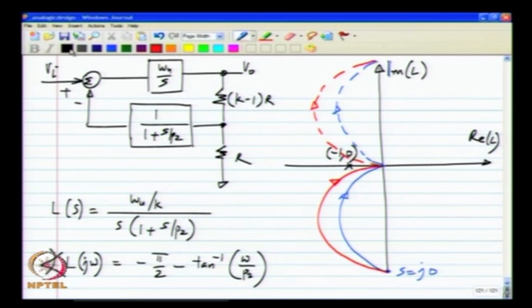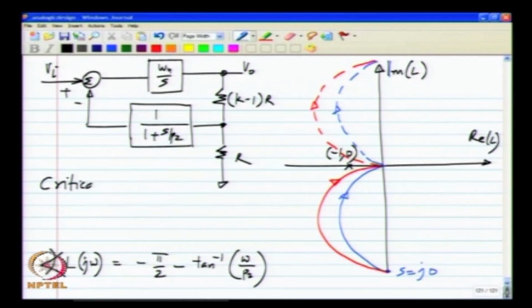Now we know that for critical damping, P2 must be 4 times the unity loop gain frequency, and if P2 comes below this, you will start to see ringing. Okay. Now how do we quantify this on the Nyquist plot?